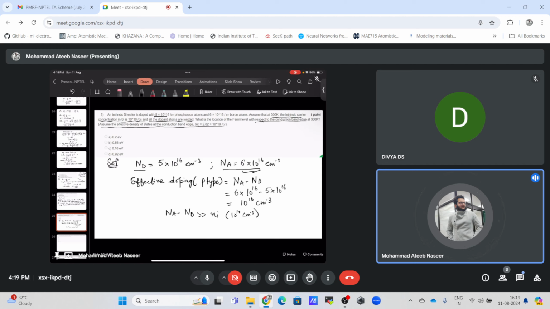So, since it is P doped, the hole concentration will be equal to this Na minus Nd. Okay, so this Na minus Nd is simply 10 to the power of 16 per centimeter cube.